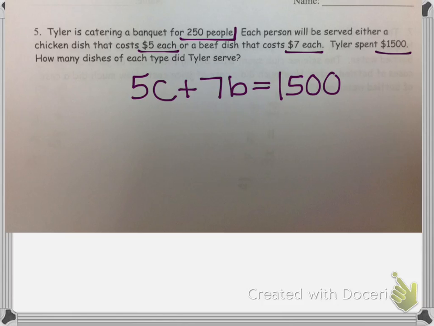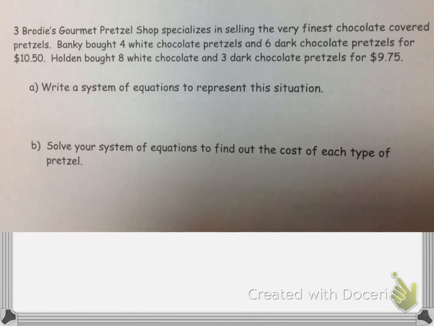Well, if there's 250 people and each person is getting a chicken or a beef plate, then we've got the number of people getting chicken plates plus the number of people ordering beef is equal to the total amount of people that went to the banquet. And I'm not going to solve this. All I did is just set them up, and we could use elimination or substitution to solve it.